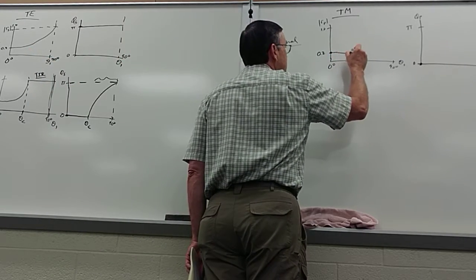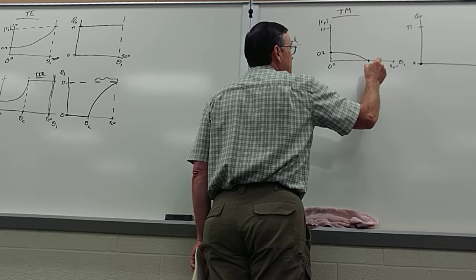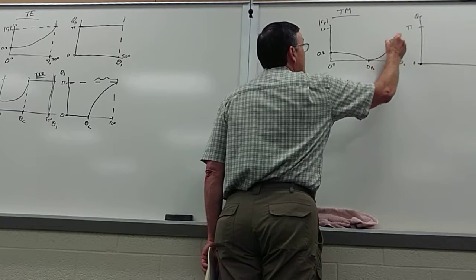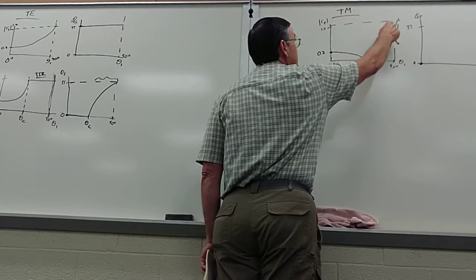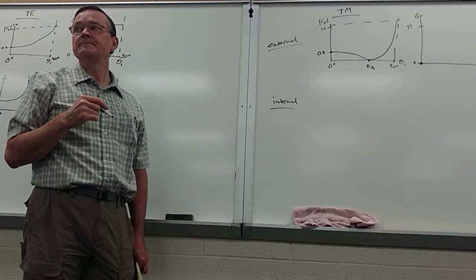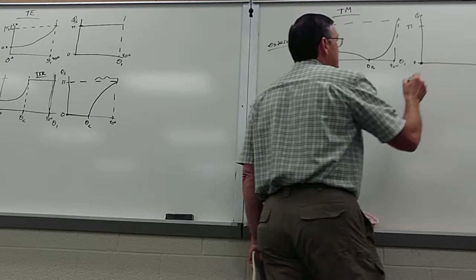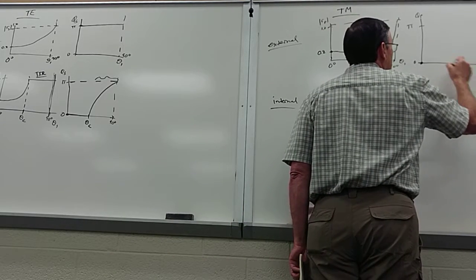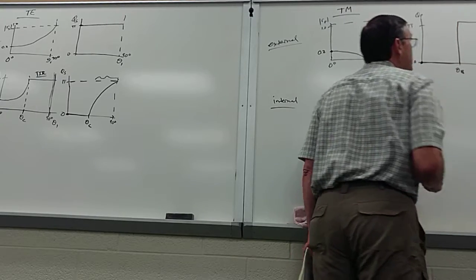Instead, it dips down until we hit the Brewster angle, and then it goes up until it's back at 1 at 90 degrees. And the phase stays at 0 until we hit the Brewster angle, and then it flips and goes to pi.